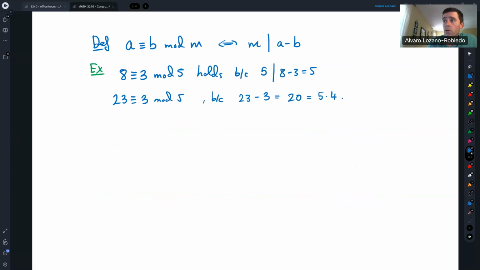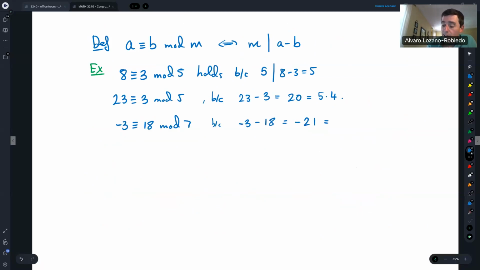What about minus 3? Is minus 3 congruent to 18 modulo 7? The congruences are good for any integer. So we also do congruences between negative and positive numbers. So this is true because minus 3 minus 18 is minus 21.